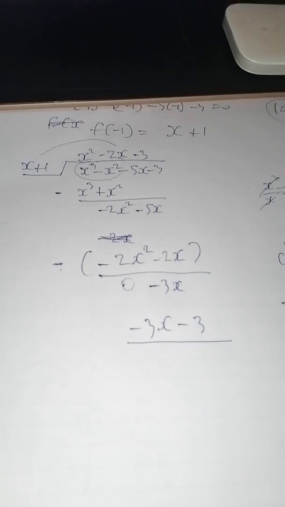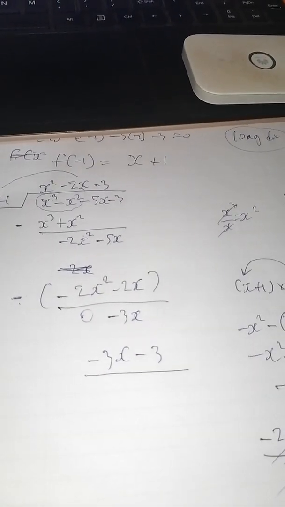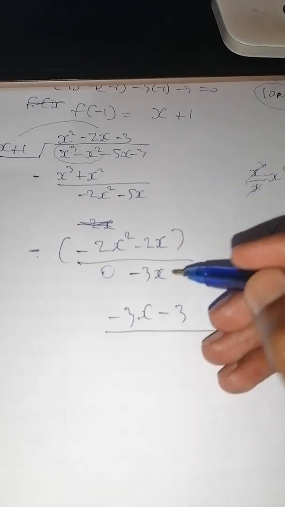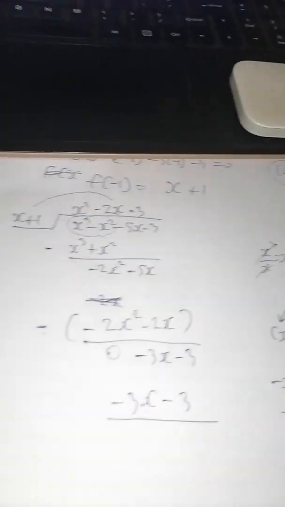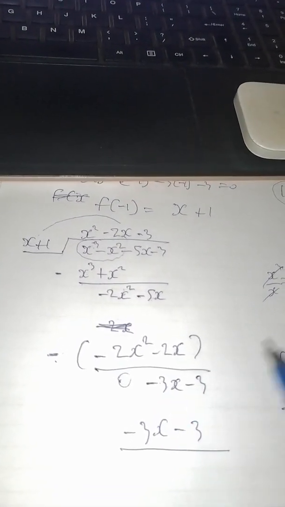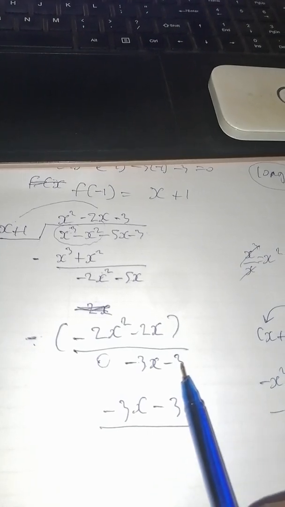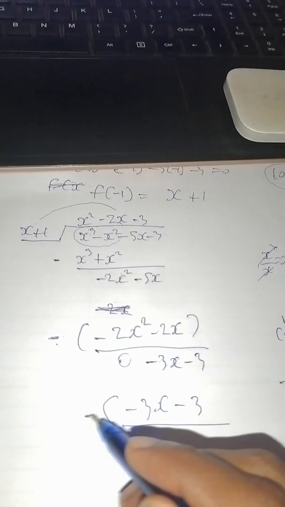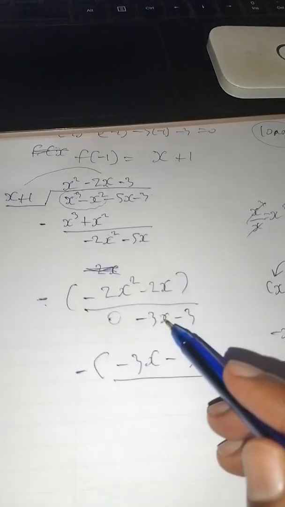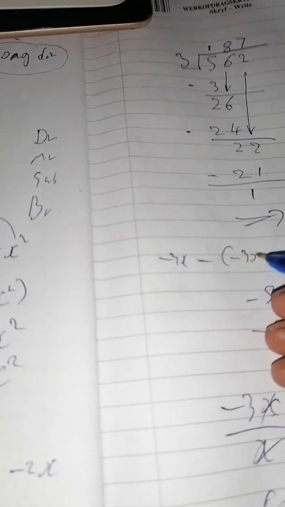Okay, now that we multiplied, we do what? We subtract. And then we forgot to bring down the negative 3. Yes, after we divided, and then we got this. Now we have to bring down the last 3 here. So remember, this is what we have for now. Now negative 3x, which is this one, minus negative 3x.